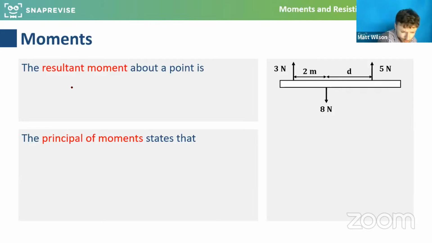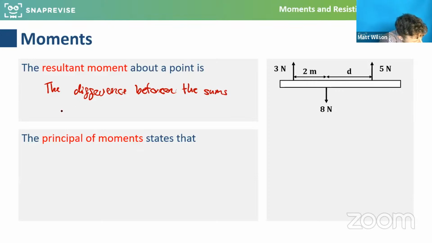The resultant moment about a point is the difference between the sums of clockwise and anti-clockwise moments.